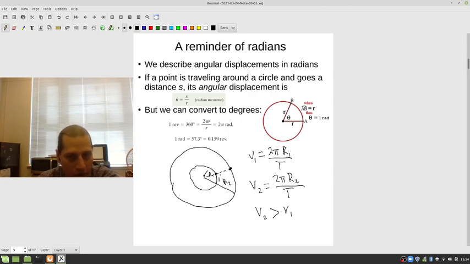And so it allows me to compare 2 points on the same object with the same number. The same angle is telling me the displacement of this first point on the object, and the second point on the object, even though the one on the outside is actually traveling farther than the one on the inside. Okay, so that's an important point.